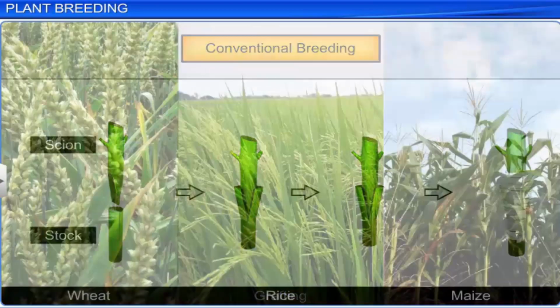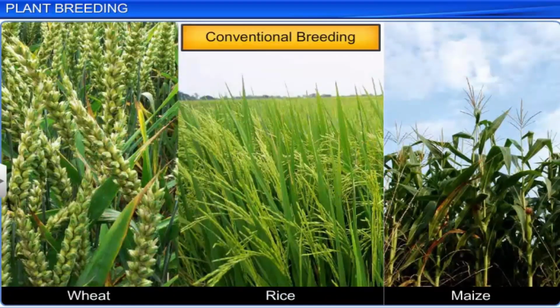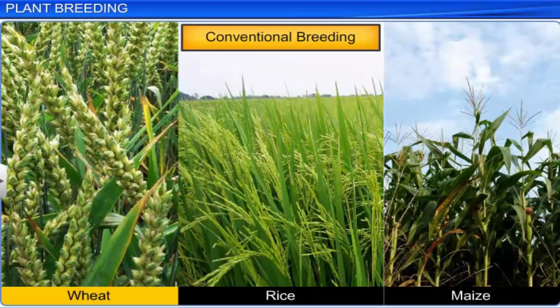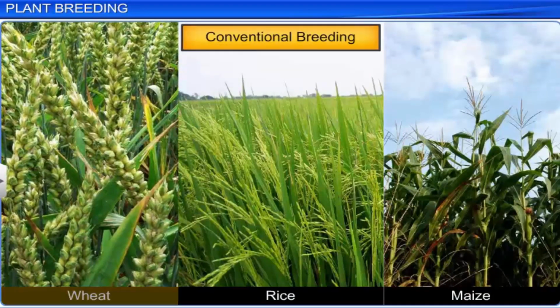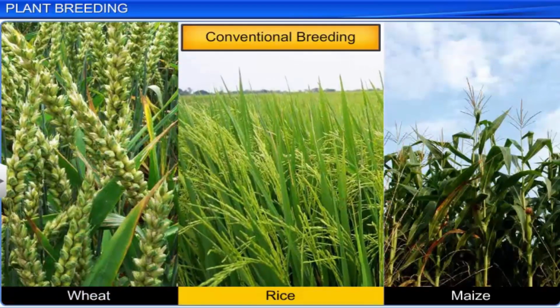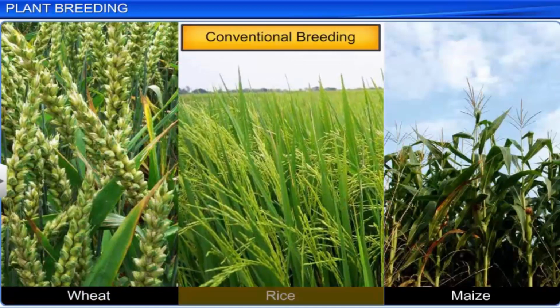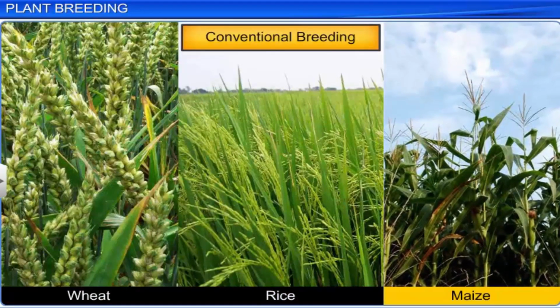Most of the major crops such as wheat, rice, and maize are the result of conventional breeding.